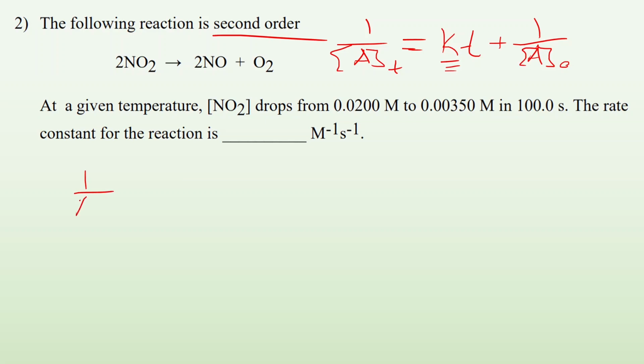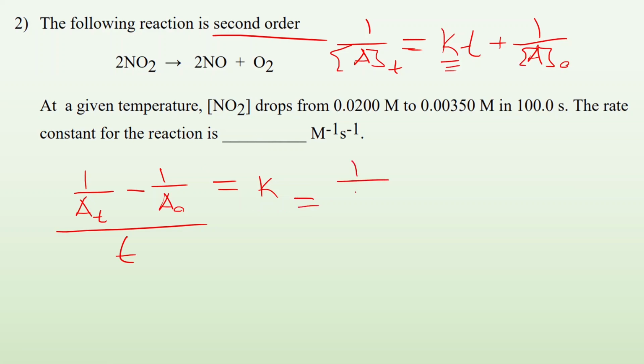We're going to have to do 1 over the amount at some time minus 1 over the starting amount, and then that's going to give us kt. If I want k by itself, I've got to divide each side by t. That cancels out. So now I can simply plug and chug.